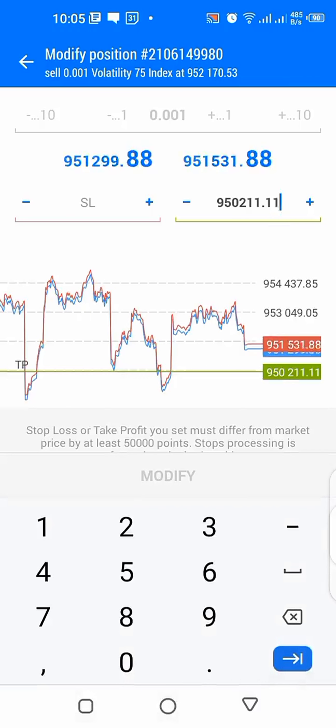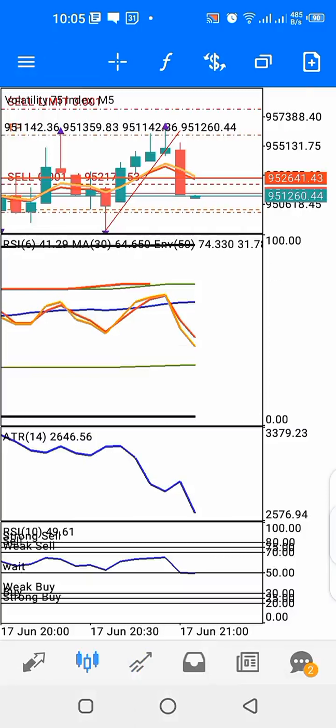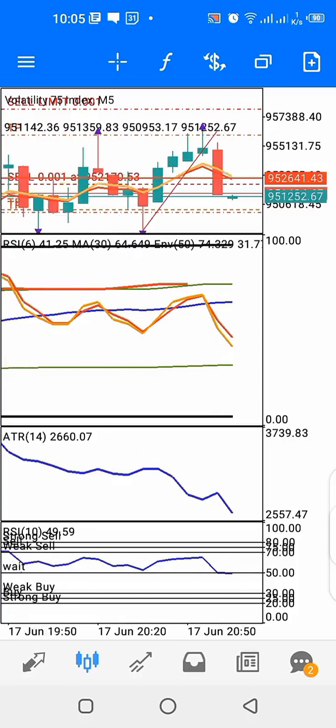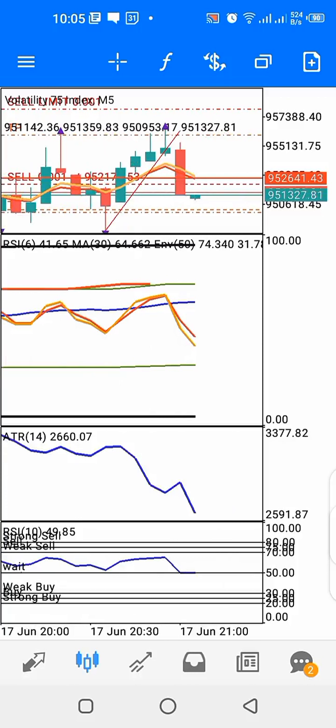So I'm looking at the take profit. My entry is 950,170 and the take profit is 950,211. So I have to adjust the take profit to match exactly 2,000 points. But for now, the trade is doing well. I'm in profit, but I can sense some bullish strength, like the bulls are trying to come in.